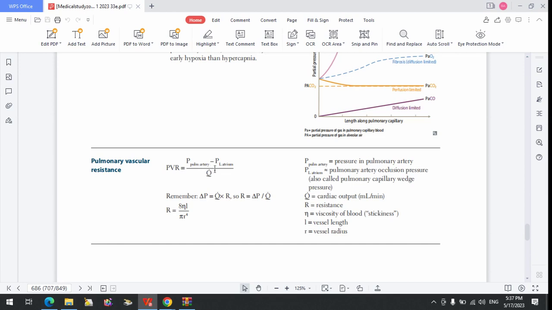So, the pressure difference that we take note of to calculate the pulmonary vascular resistance is the pressure at the pulmonary artery minus the pressure at the left atrium. The reason we are picking the left atrium is that it has been noticed that pressure changing within the left atrium can affect the pulmonary vascular resistance.